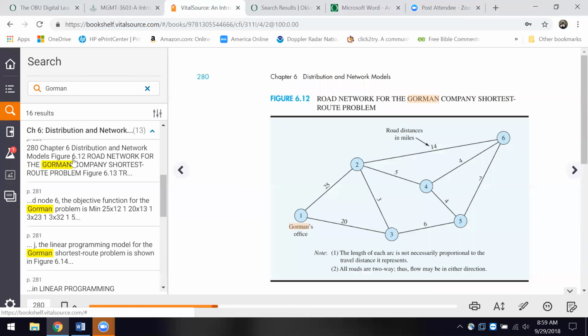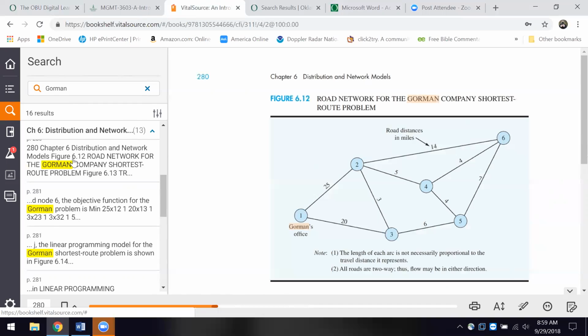Now, this is the shortest route problem. There's a technique you may have heard about in your production course, production/project. I would assume you probably did, called PERT, Program Evaluation Review Technique, PERT-CPM.